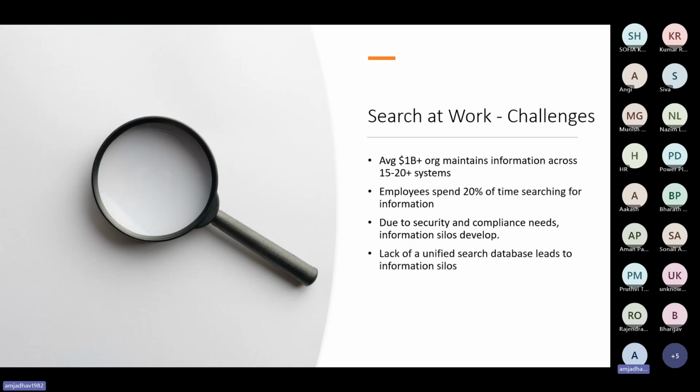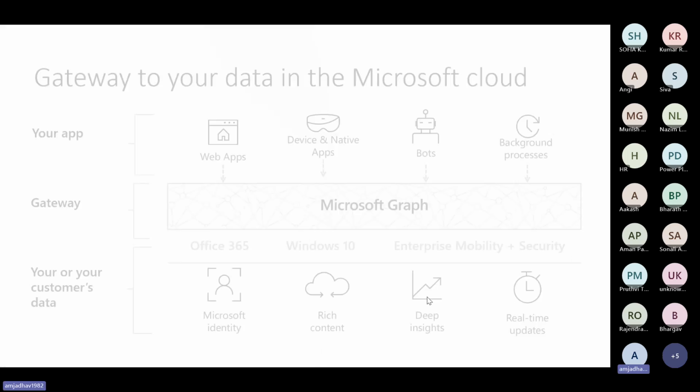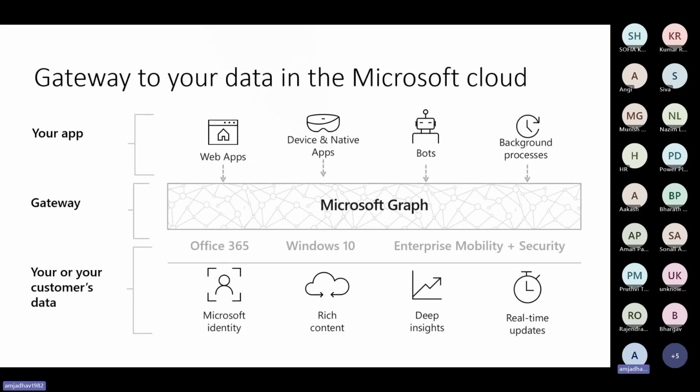So this is the problem that we have seen across industry, across multiple systems. Earlier, for the Microsoft 365 applications, Microsoft introduced Microsoft Graph. As we all know, Microsoft Graph is a gateway to data and intelligence in Microsoft 365.